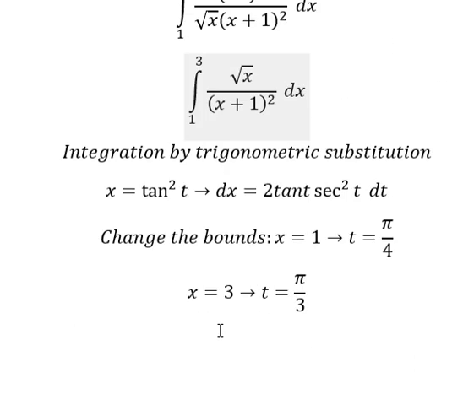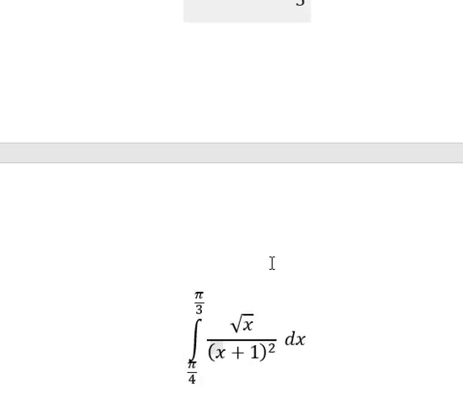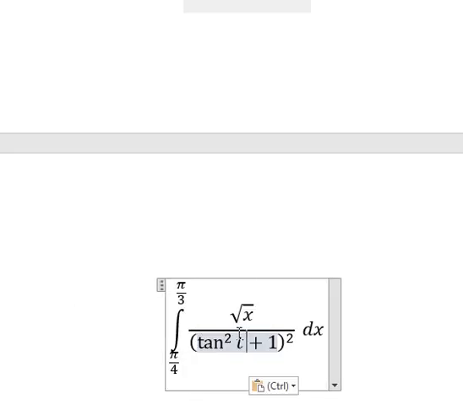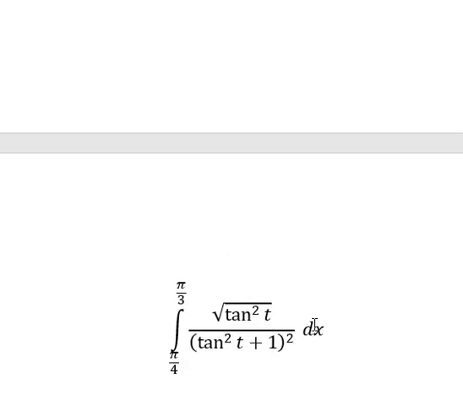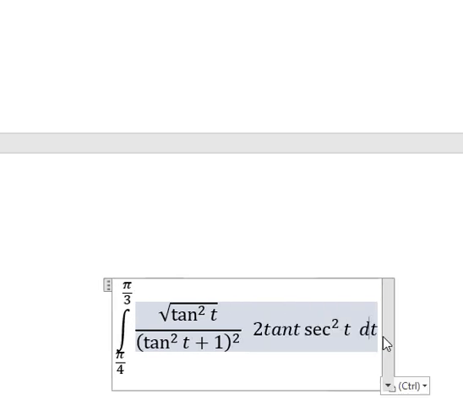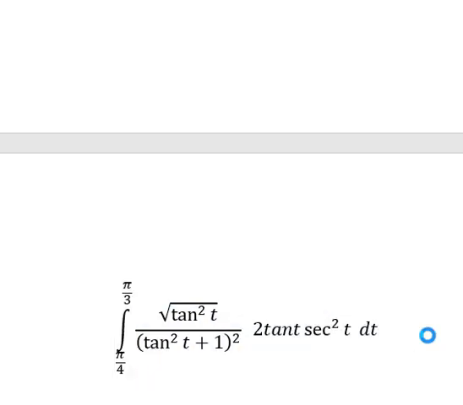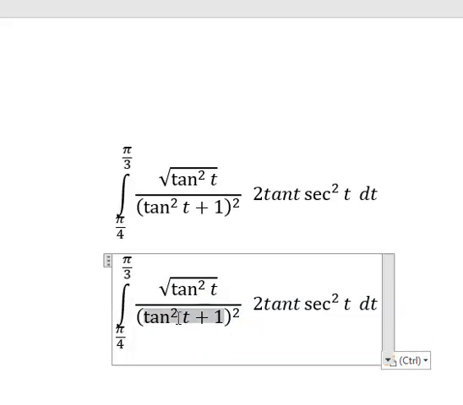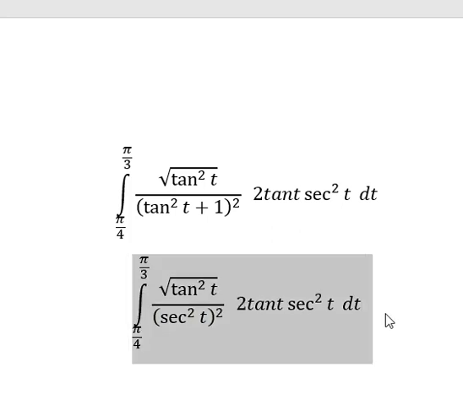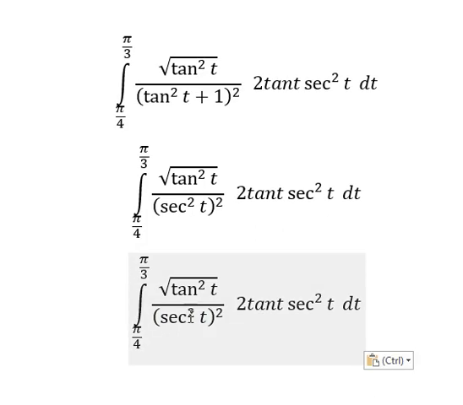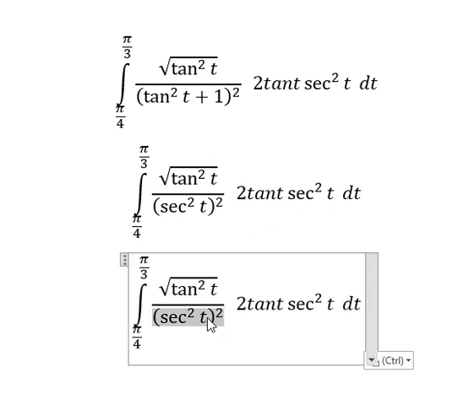x, we change for tan t square. dx, we change for this one. So this one, we have secant of t square. And now we simplify secant of t square, secant of t square.